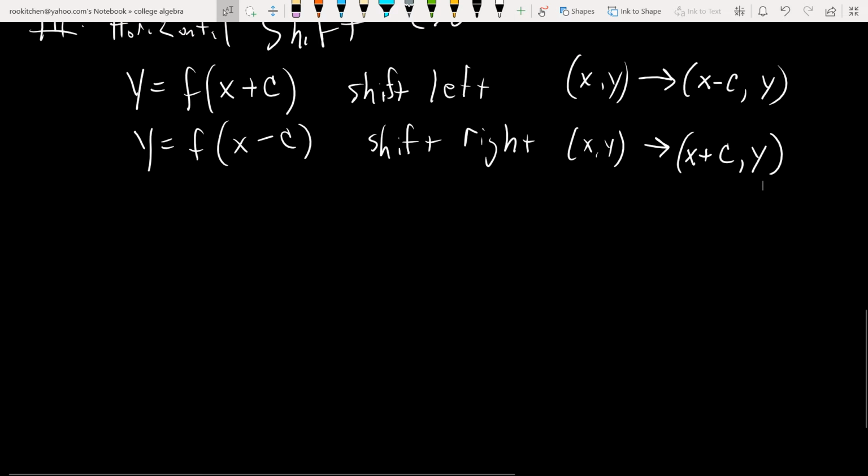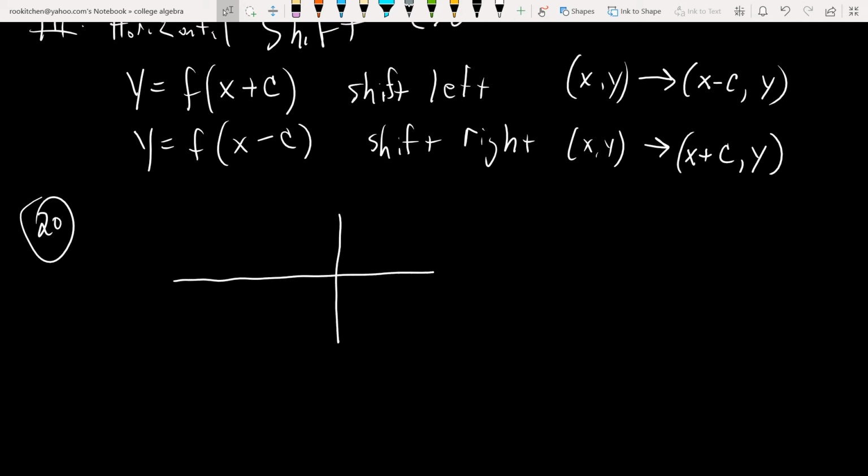Okay, so horizontal, let's take a look at problem 20 here. And they give us this kind of weird fabricated graph, and we have to shift it. Okay, so the coordinates on it, 1, 2, 3, need about 5 tick marks in the negative x direction, 5 tick marks in the positive x direction.